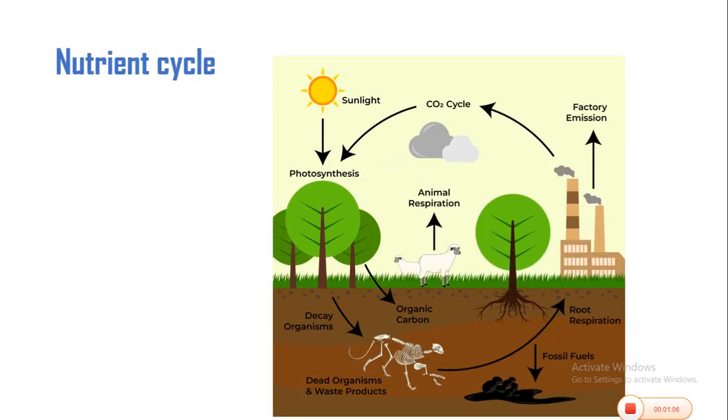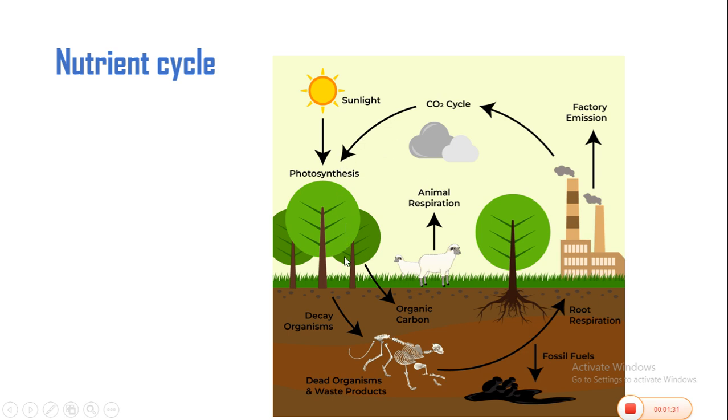Here we have plants and animals in this environment. The plant is getting sunlight, which helps the plant to undergo photosynthesis. The plant produces oxygen, which animals and human beings inhale, and then human beings exhale carbon dioxide, which plants in turn need.